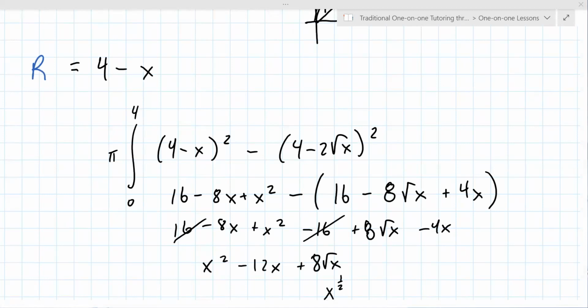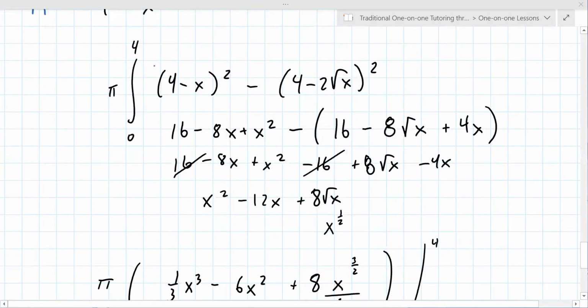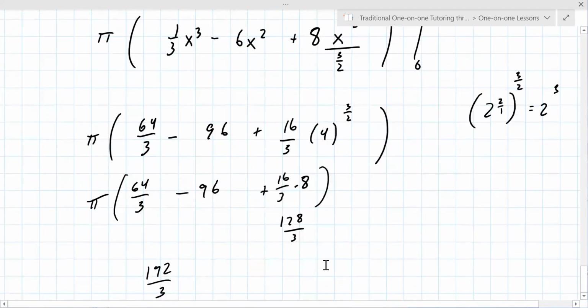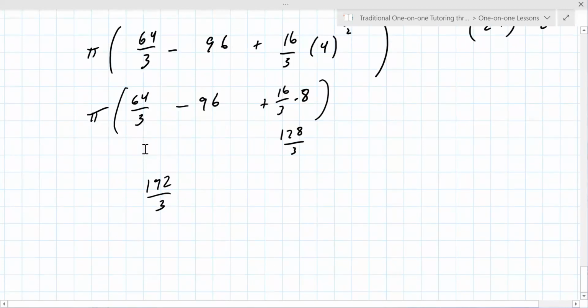Let me just try this in a calculator and see if it does work. Yeah, it does work. Not that that helps, but there is a mistake somewhere in here. The answer is 32 over 3 pi. Well, that's okay. I know how to do it now. Yeah, but we probably should continue on, but there's some mistake in here.